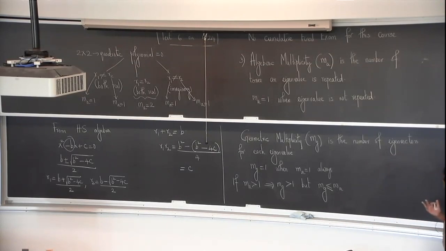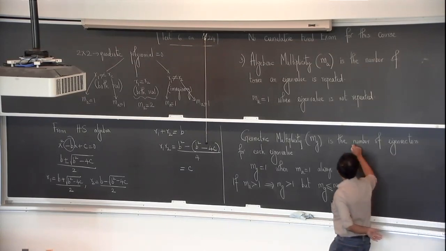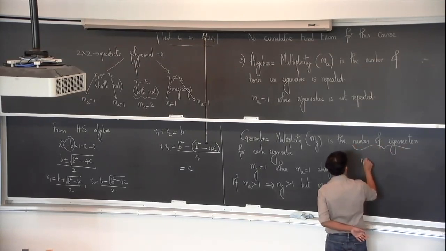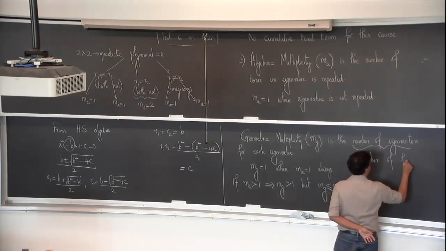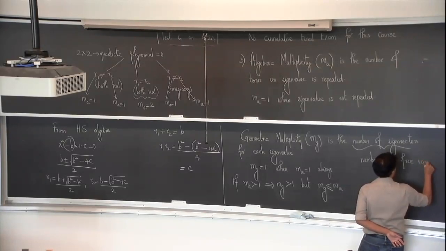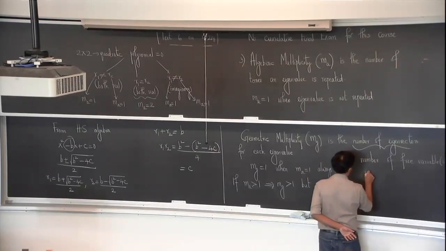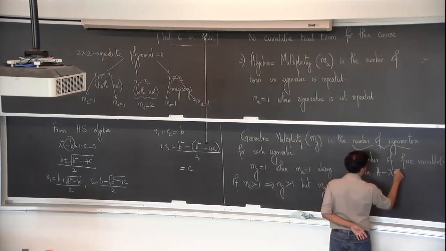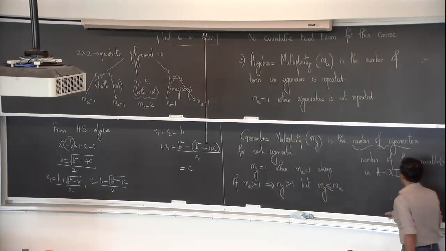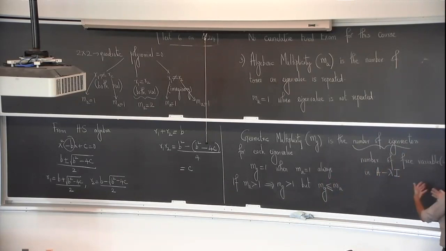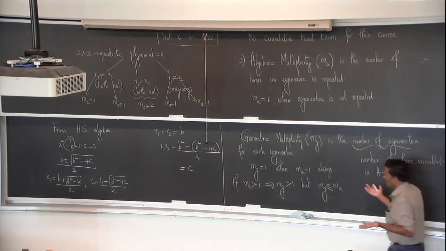Another way of looking at this is the number of free variables that you get in the A minus lambda I matrix. Those are the same thing, because it's the number of free variables that generates the eigenvectors. If you get one free variable, the geometric multiplicity is 1.